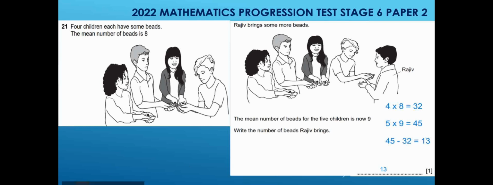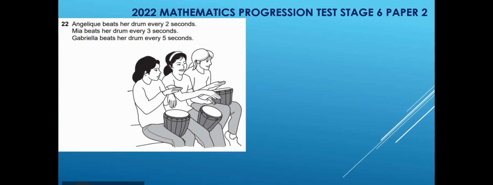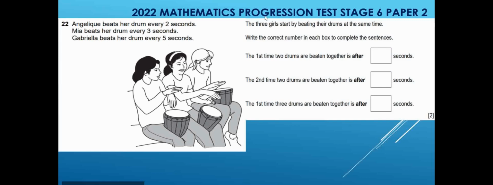Next. Question 22. Angelique beats her drum every 2 seconds. Mia beats her drum every 3 seconds. And Gabriel beats his drum every 5 seconds. The 3 girls start by beating their drums at the same time. Write the correct number in each box to complete the sentences. The first time 2 drums are beaten together is after blank seconds.